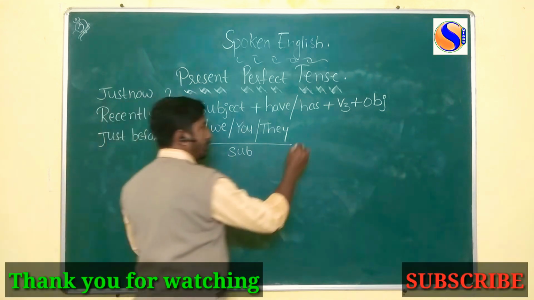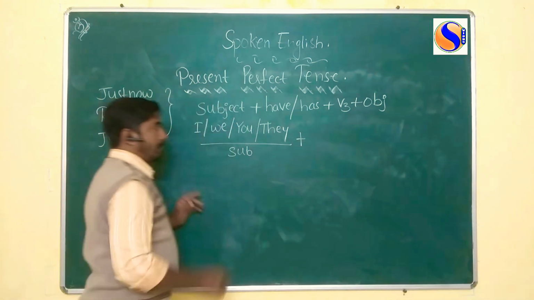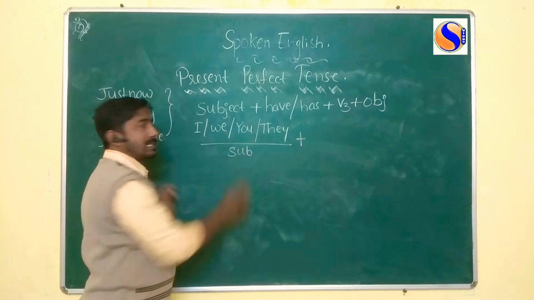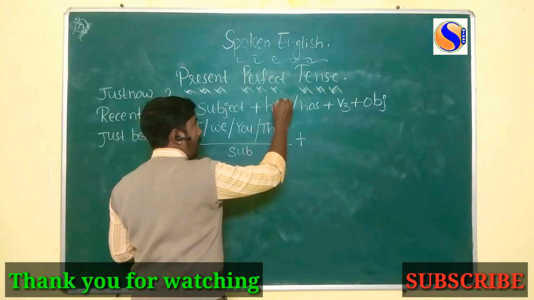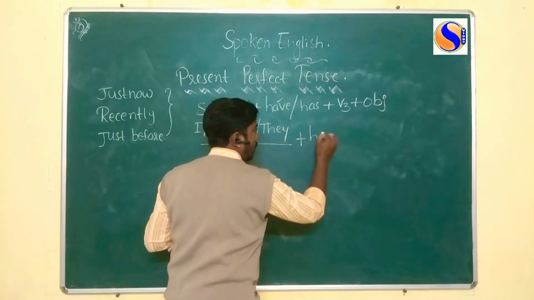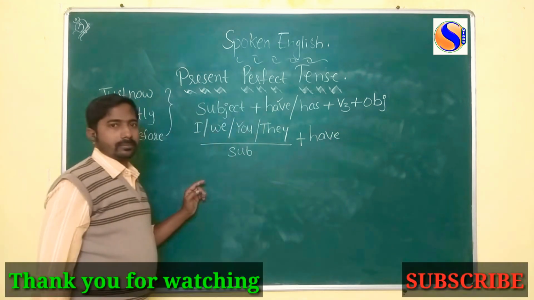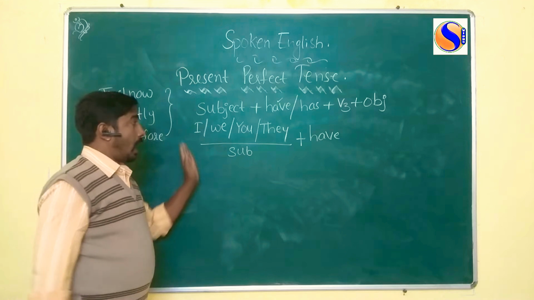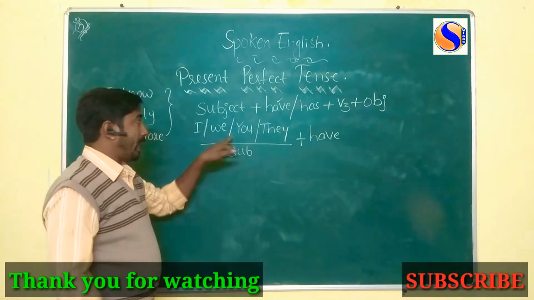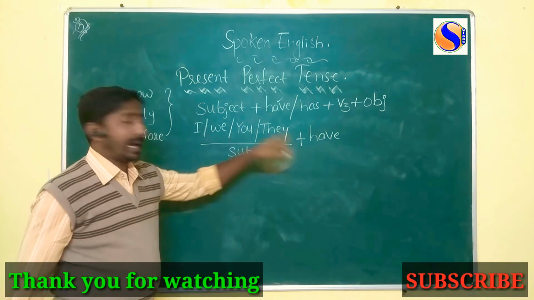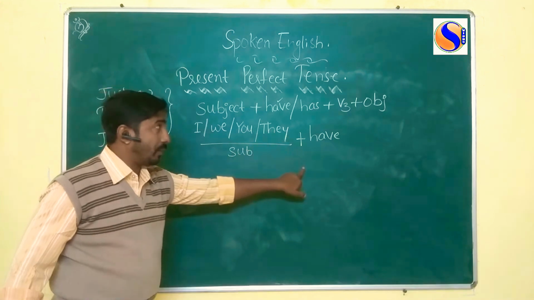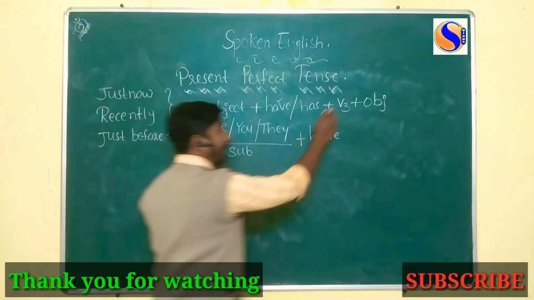Plus, for these four persons, we have to use have. Now see, I have, we have, you have, they have. Now, V3 form.